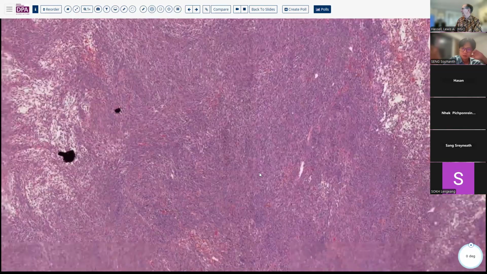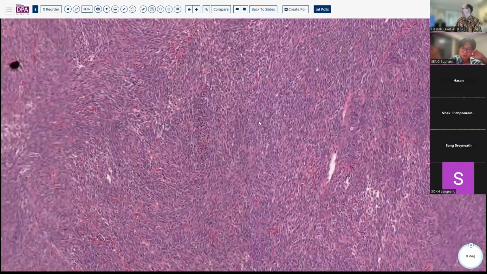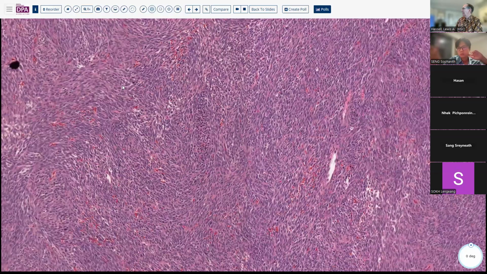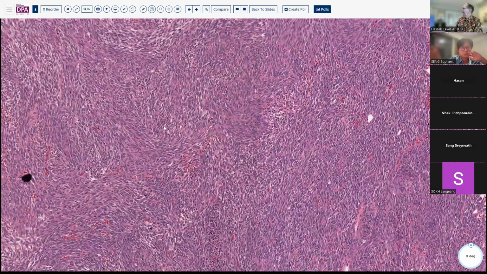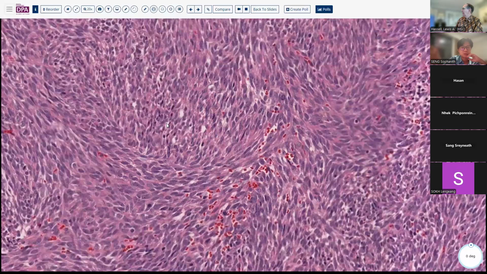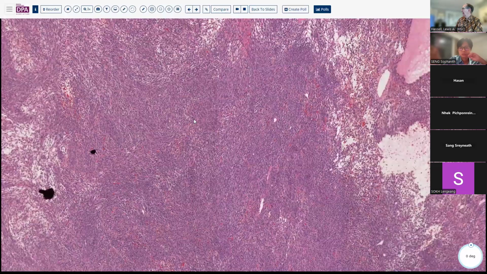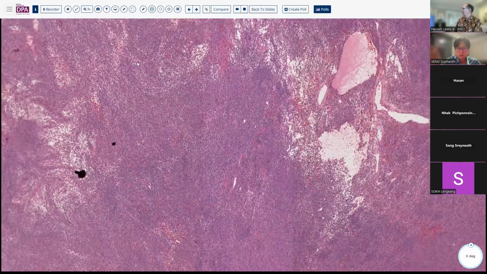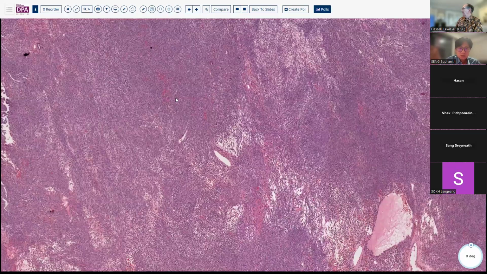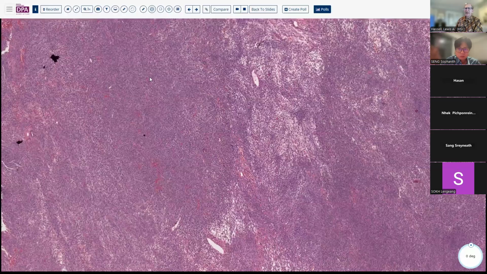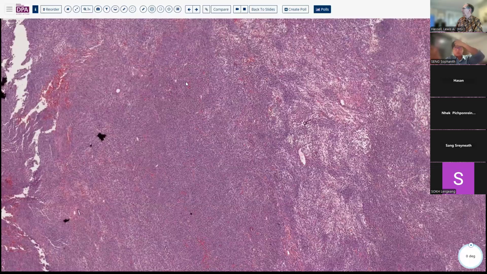And as you can see here, a monophasic synovial sarcoma may look a little bit like a solitary fibrous tumor. It doesn't have some of the other features that you tend to associate with solitary fibrous tumor, like the wiry collagen, the staghorn vessels, and so forth. But it certainly can have a very monotypic spindle-shaped cell morphology. Very cellular, more cellular than, say, a desmoid tumor would be, or other lower grade neoplasms.